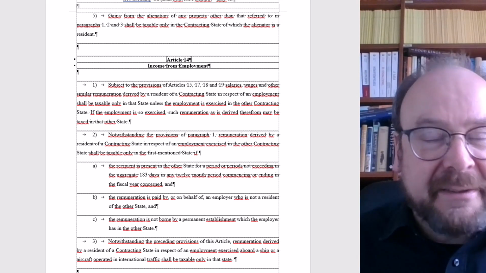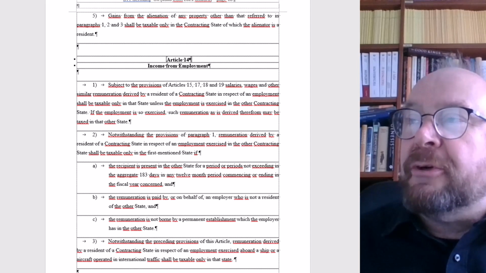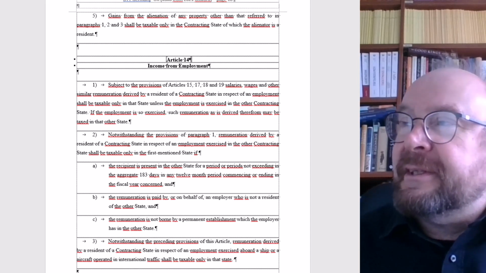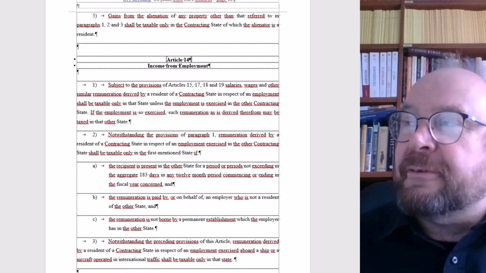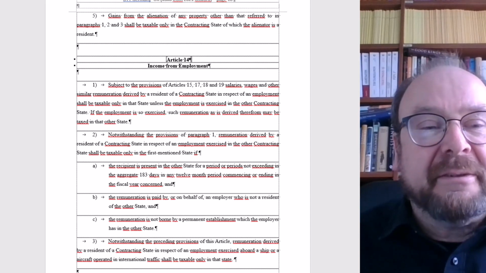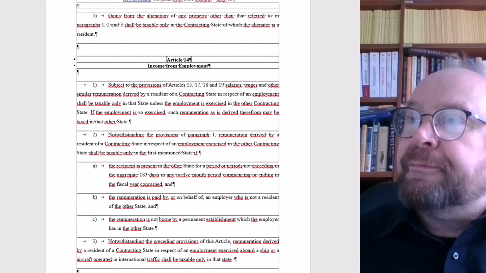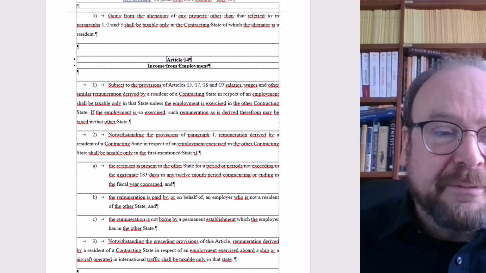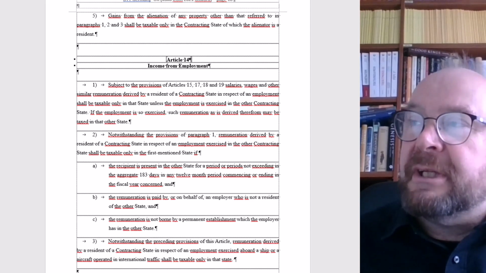However, that is the case. Now, if the employment is so exercised, then the remuneration which is derived from that can only be taxed in the other state. So the outcome here is the job in Hanover can only be taxed in Germany.